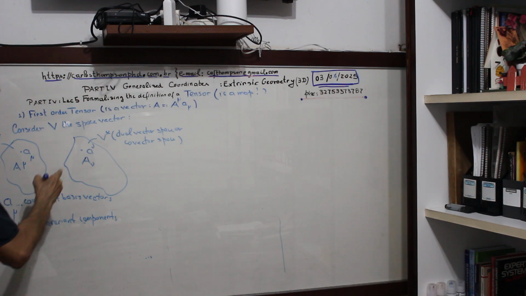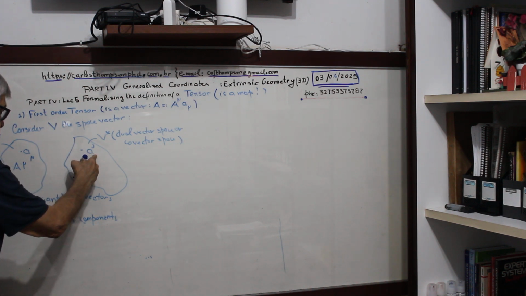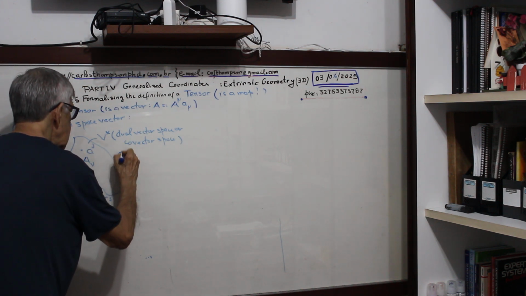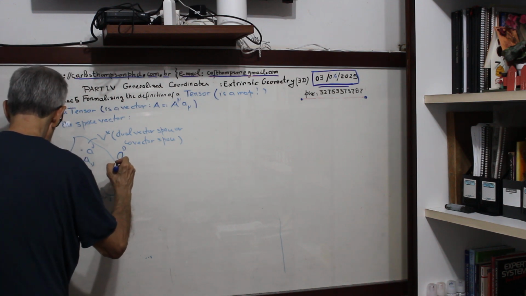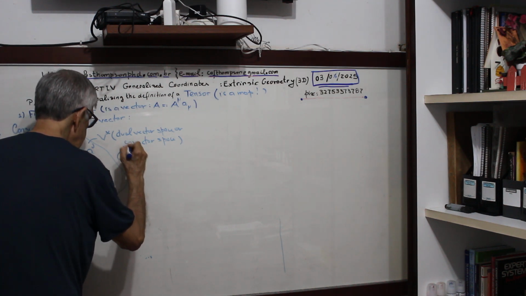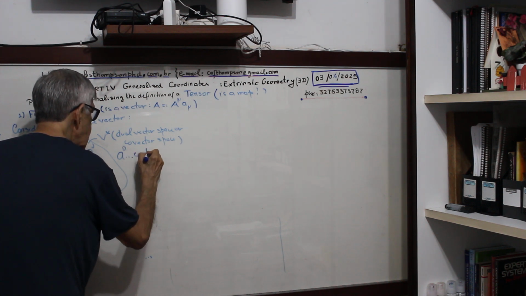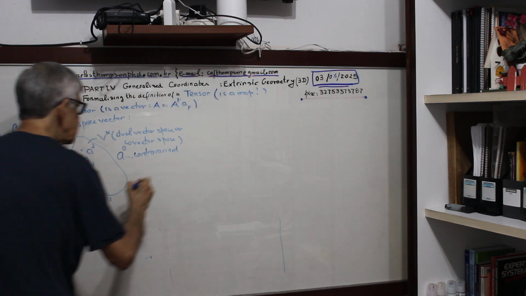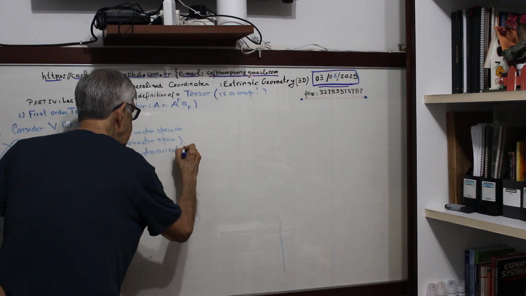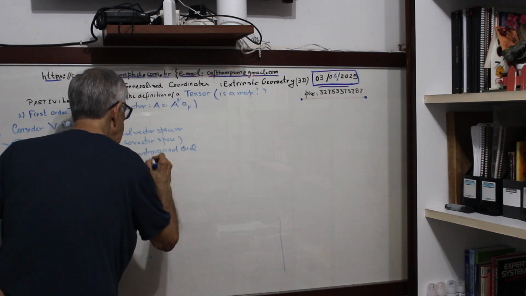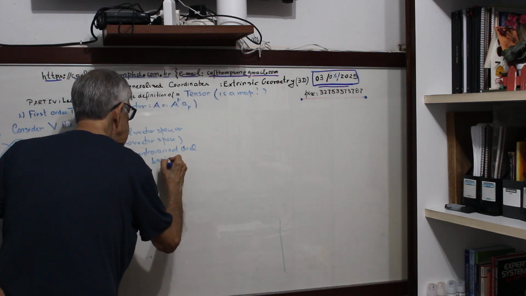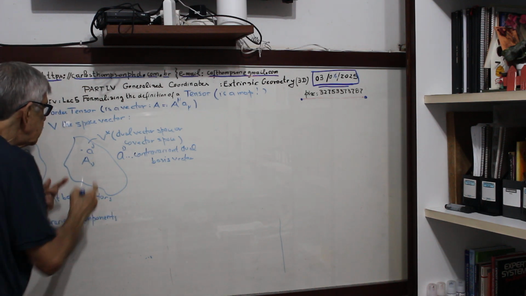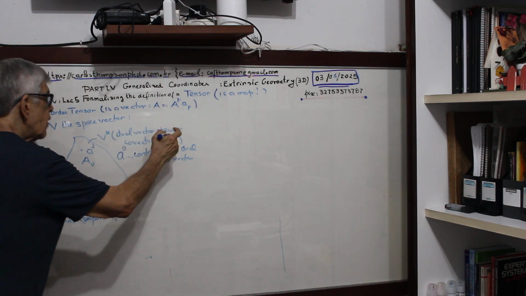So e nu is the base of this dual vector space. This is the contravariant dual basis vector. Now, why dual? Because they belong to the dual vector space.